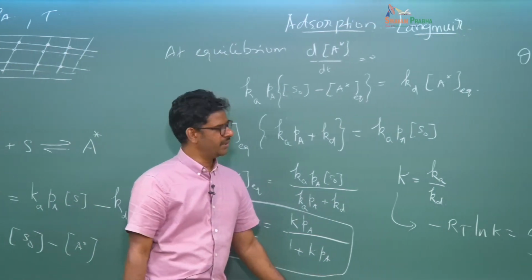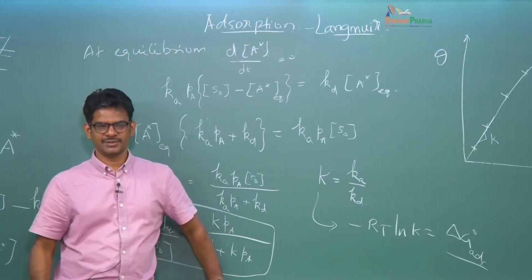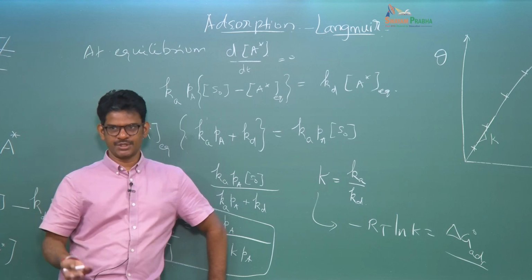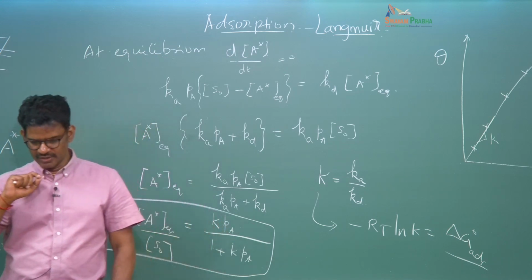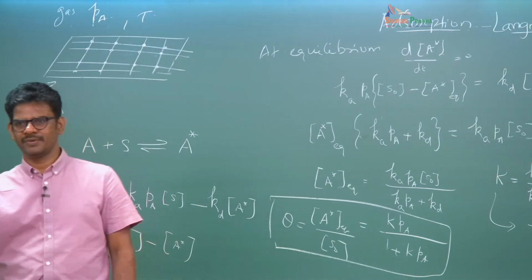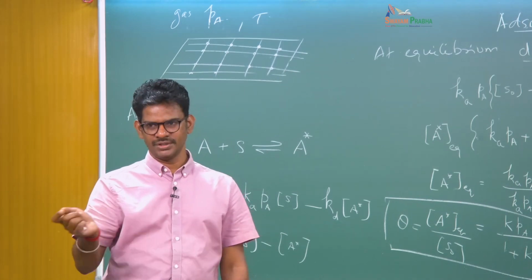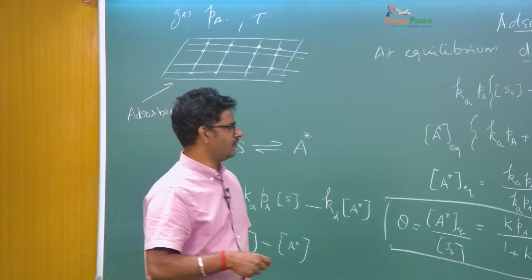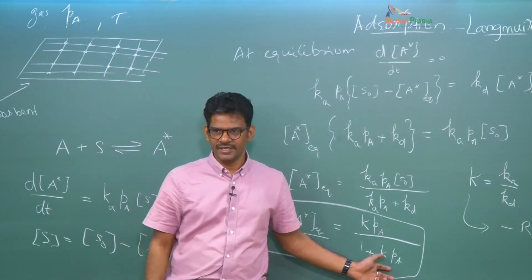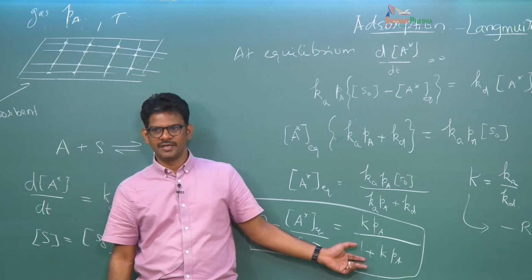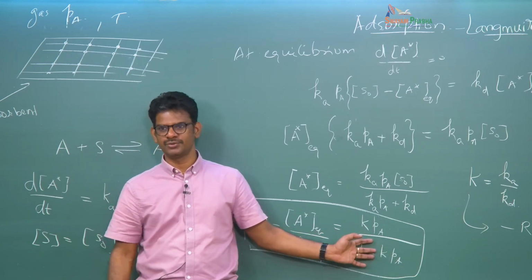So now what we want to do is look at the same problem, but more from a stochastic perspective. That means we are going to look at the chemical master equation. We are going to look at adsorption as a process where the molecule can adsorb and desorb in a stepwise fashion, and then write the chemical master equation and solve it. We will see that the prediction of the coverage is basically the mean value of the coverage, and we can also get the fluctuation about this mean through the stochastic approach.